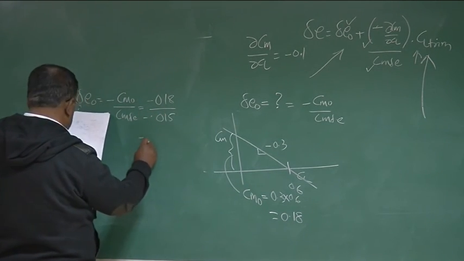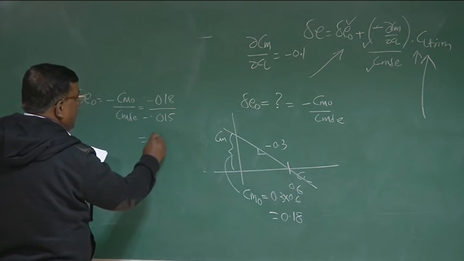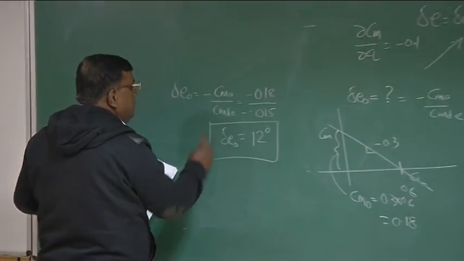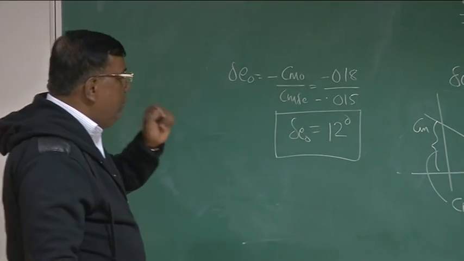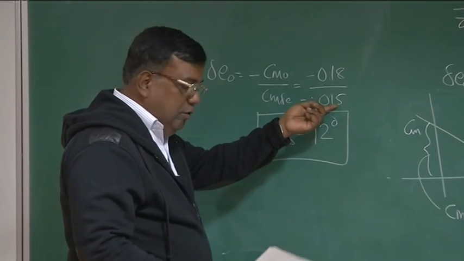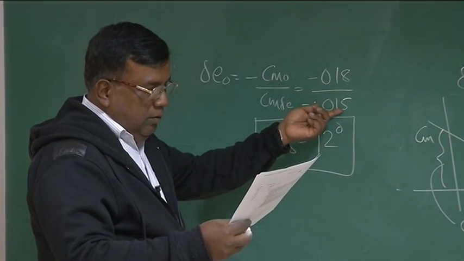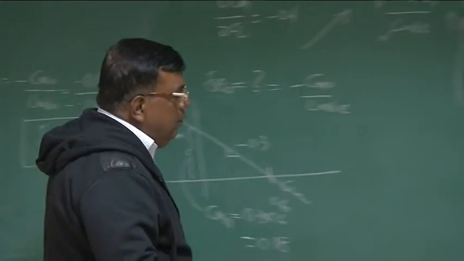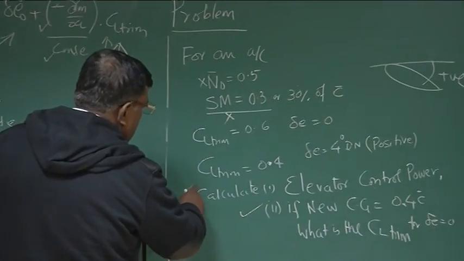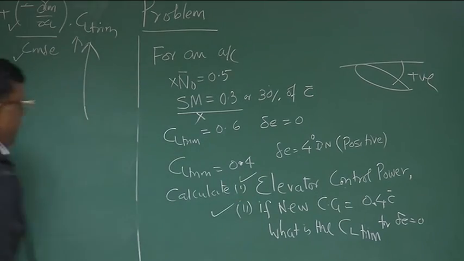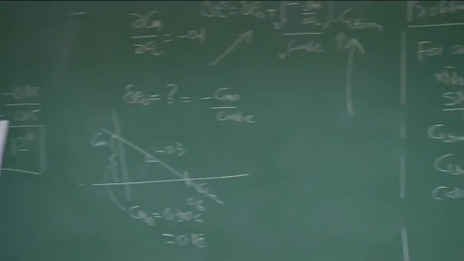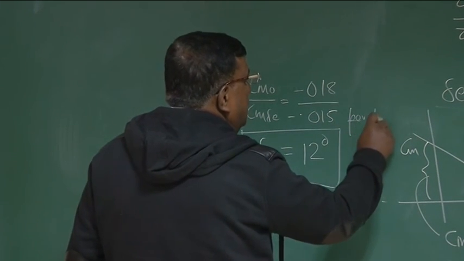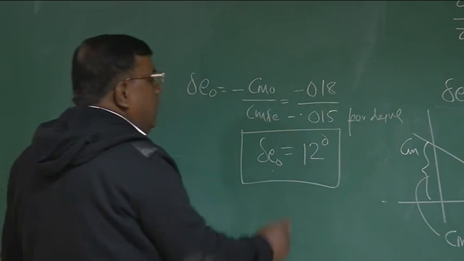So this will give me around 12 degree. So delta E naught, please note down, is again 12 degree because CM delta E is per degree. We have already found it out from the first problem, the elevator control power, and that happened to be minus 0.015 per degree. So delta E naught is 12 degree.